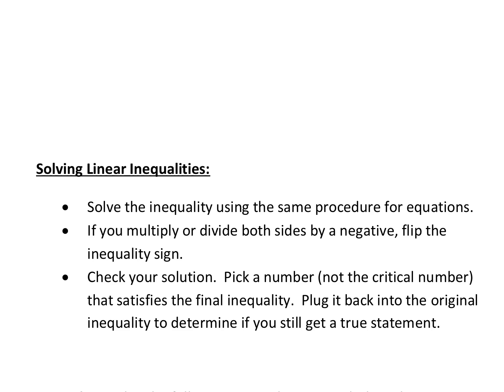You can still check your solution, and the way to check this is pick a number that is not the critical number that works in the final inequality and plug it back into the original one. If you still get a true statement, then your inequality symbol is correct. All right, so let's go ahead and look at some examples.